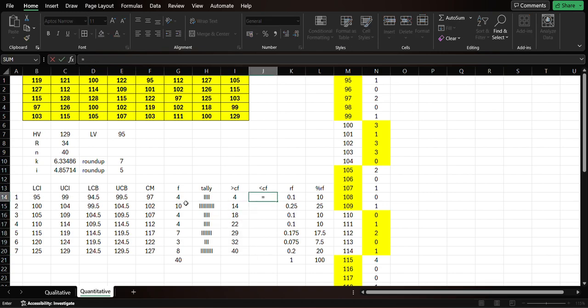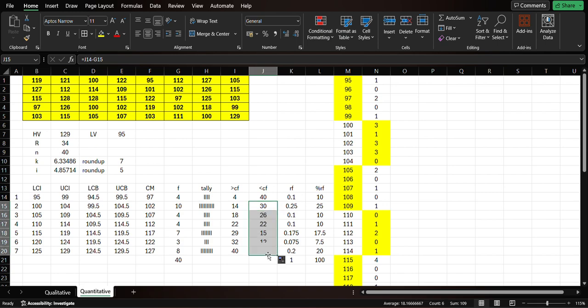And then since it is increasing, the cumulative is to add the next frequency, right? So the previous plus the next frequency again and again. And then for the decreasing, we start with n and then we subtract, all right? We subtract and then we copy paste.